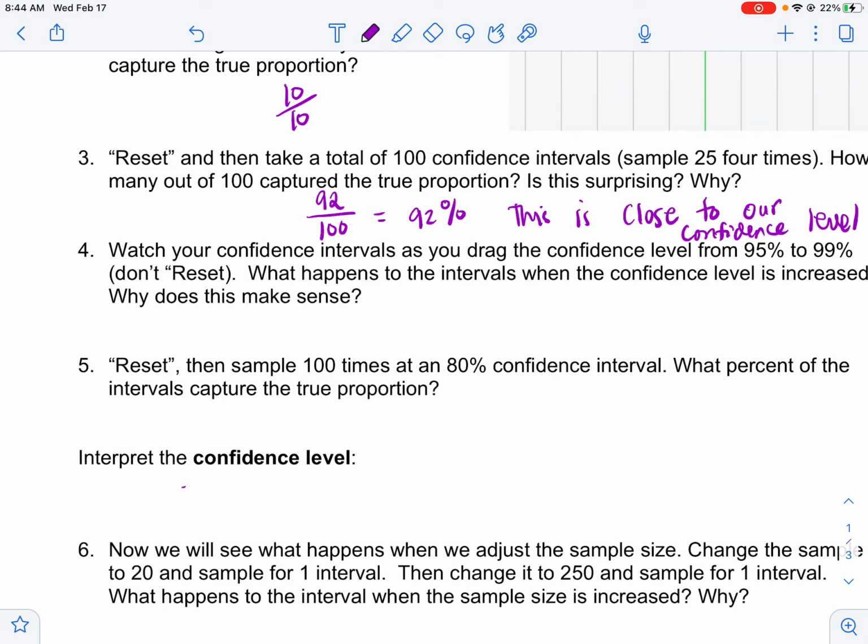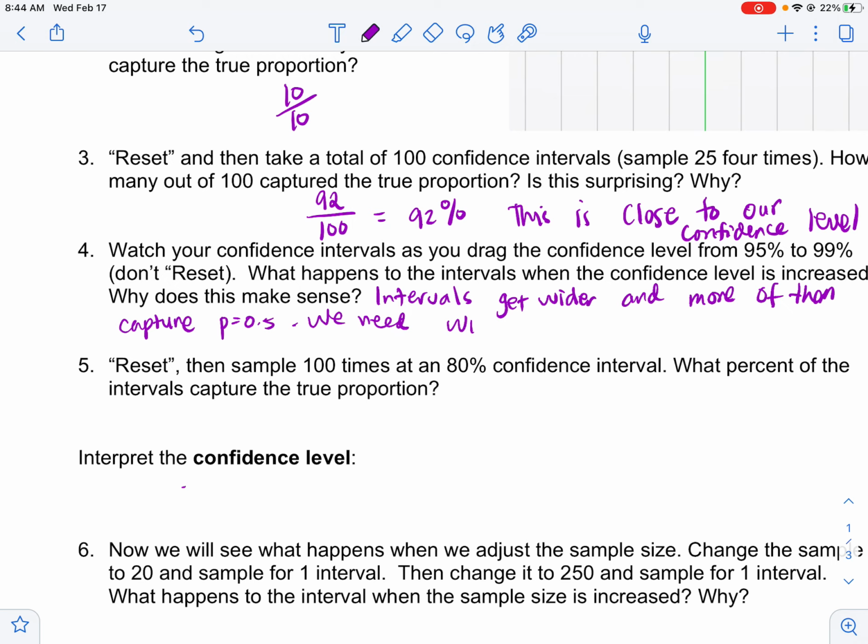Okay? So confidence intervals get wider and more of them capture the true proportion, which is P equals 0.5. So we need wider intervals in order to be more confident.